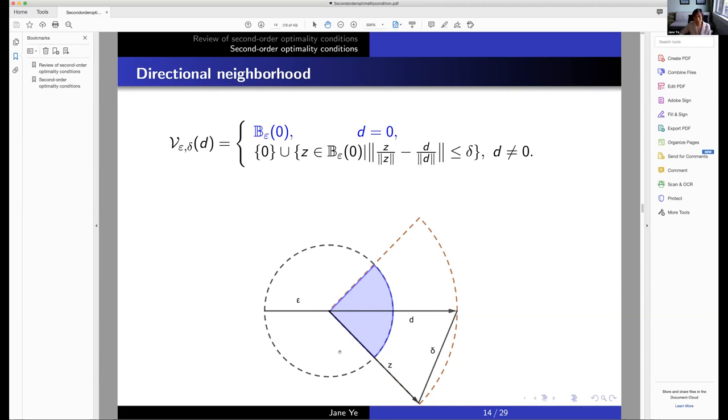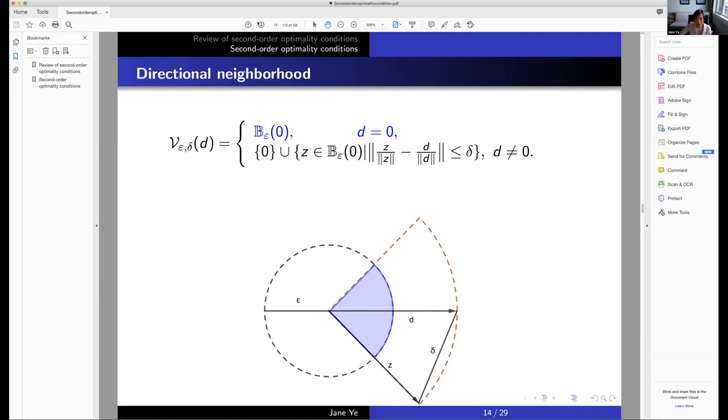It is the unit open ball intersected by this fan. So it is a section, divided by this given delta, around the direction D. Okay, so we'll use this neighborhood.